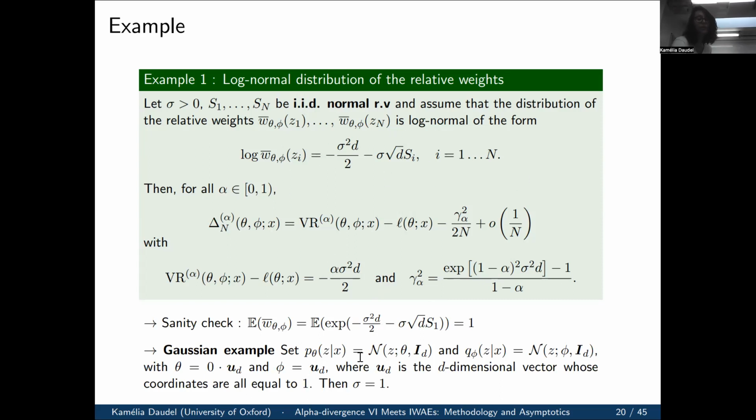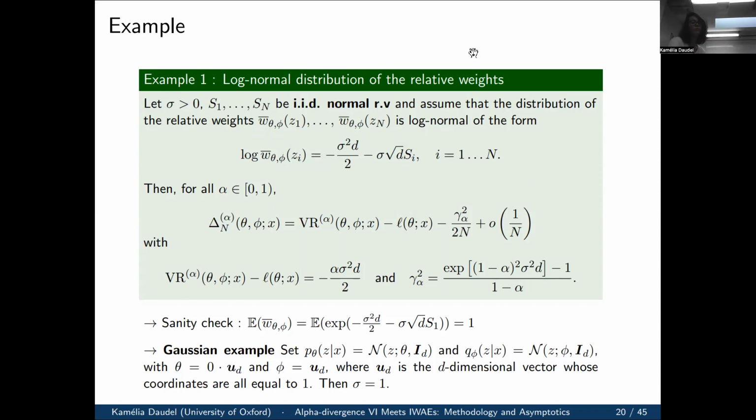If I take the pursued density to be a normal distribution with mean theta, and the variational approximation to be a normal with mean phi, and I set theta to be 0 times the unit vector of dimension d and phi to be the unit vector of dimension d, then I will be under this assumption on the relative weights with sigma equals 1. So I found a toyish example that fits into this framework.